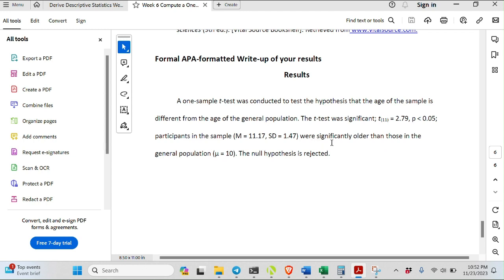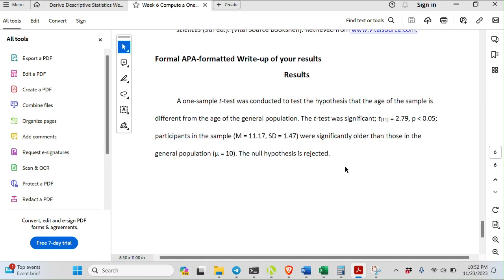And then we just say the sample was significantly older, you could say, or younger, than those in the general population. In my case, they were significantly older than those in the general population. And so we say that the null hypothesis is rejected.